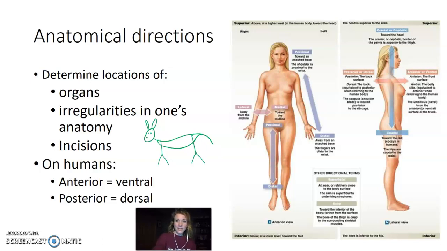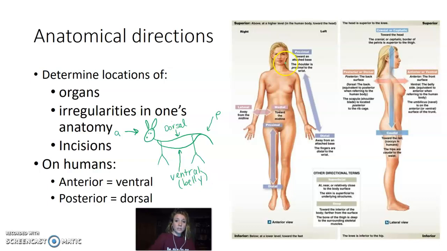When we're looking at a dog or a cat or a mouse, the head portion is the anterior view. I'll put an A there for anterior, while the tail portion here is the posterior view. The part of the body that houses the spine is the dorsal side. Think dorsal fin on a shark. And the opposite of dorsal is ventral, which is the belly.